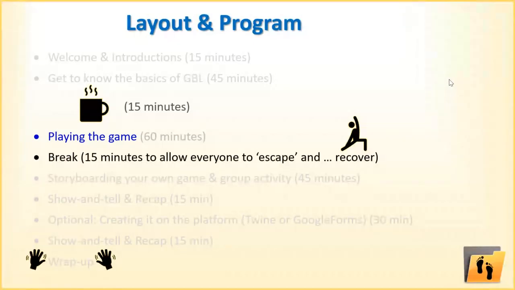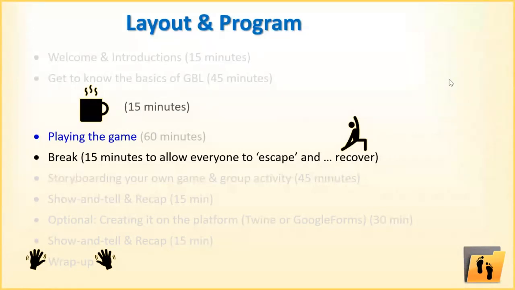I have talked a lot, and I love talking, but I think I have now talked enough for the first hour. So what we are going to do now is play the game, and I am going to ask the moderator to put you in breakout groups of 4 or 5.